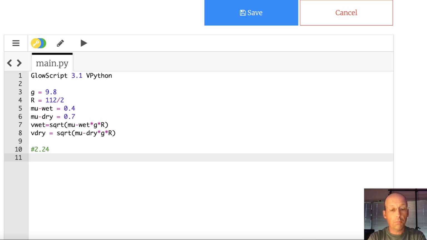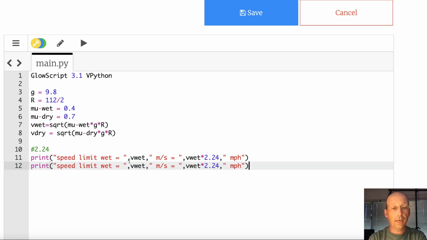Okay, so print speed limit wet equals V wet meters per second equals V wet times 2.24 miles per hour. Now let's do the same thing for dry. Kind of lazy, so I'm going to copy that, go down here, paste that, and then I'm just going to change this to dry, and this to dry. Maybe you're seeing how awesome Python is for a calculator. Maybe not. That's okay.